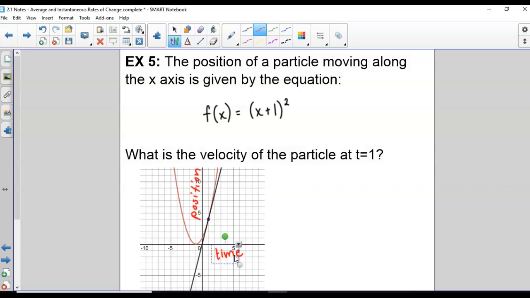So if we're finding the slope of this line, it would be our change in y over our change in x, which would be the change in position over the change in time. Right?